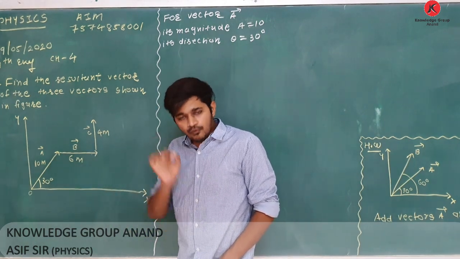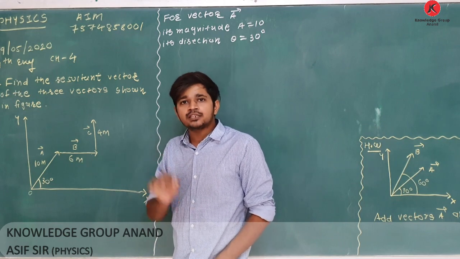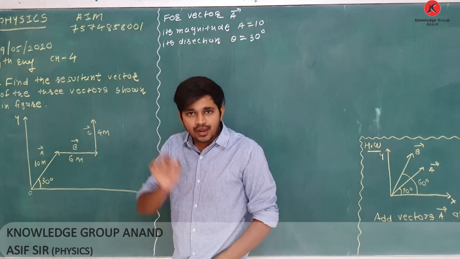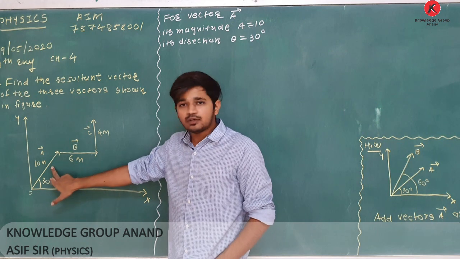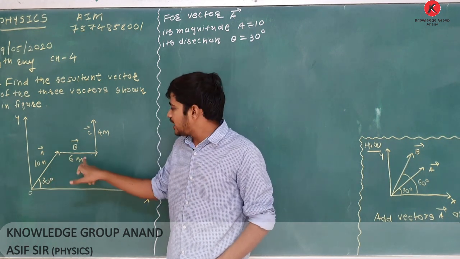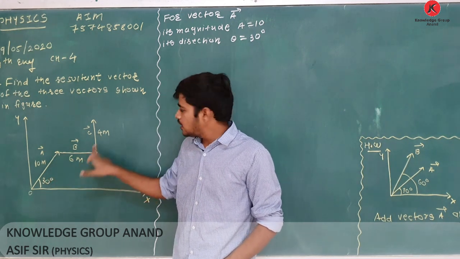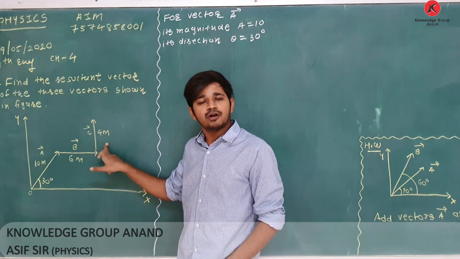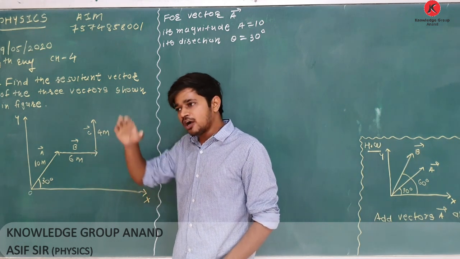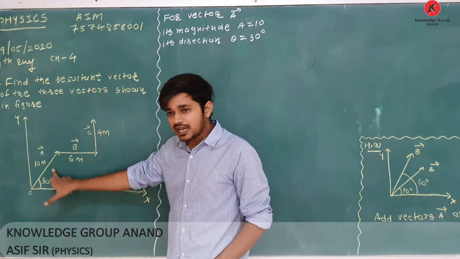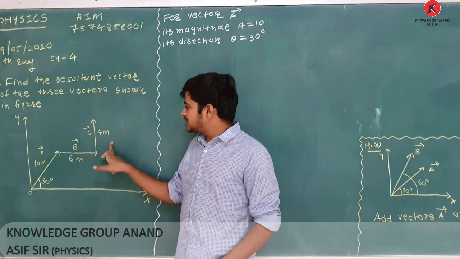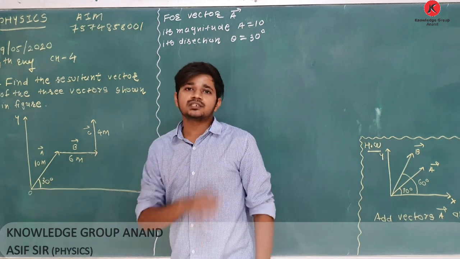First of all, we will find the components of each and every vector: the x and y components of A, of B, and of C. Then from Ax, Ay, Bx, By and Cx, Cy, we will find the resultant vector.